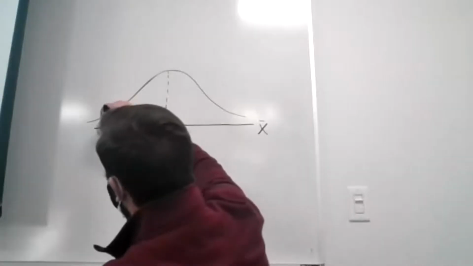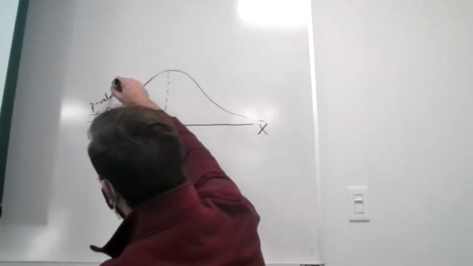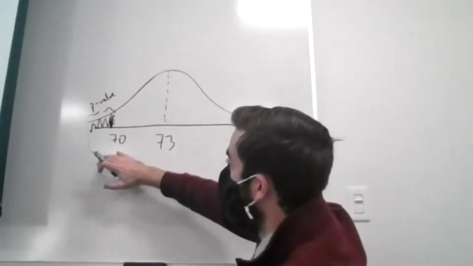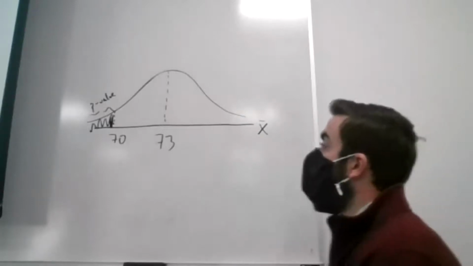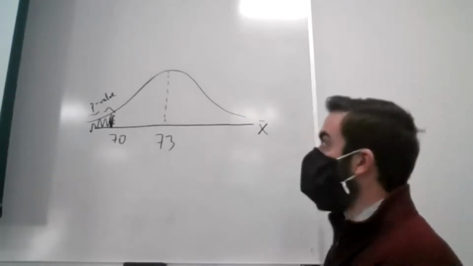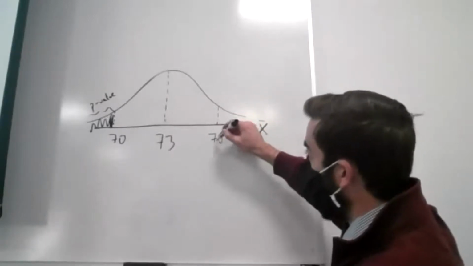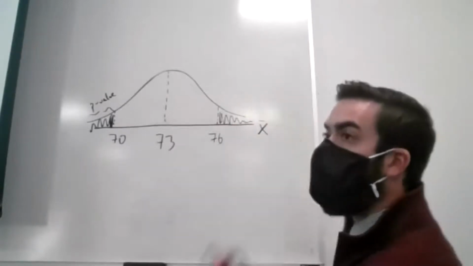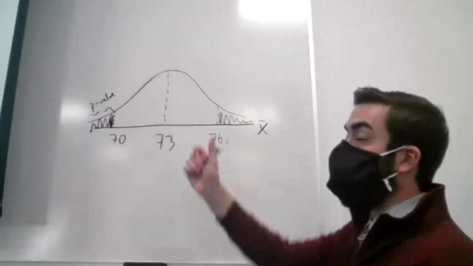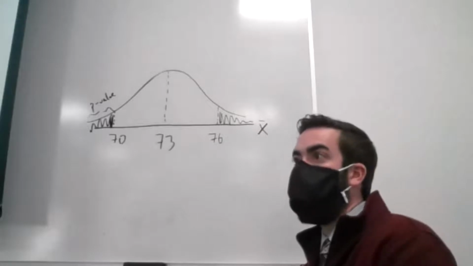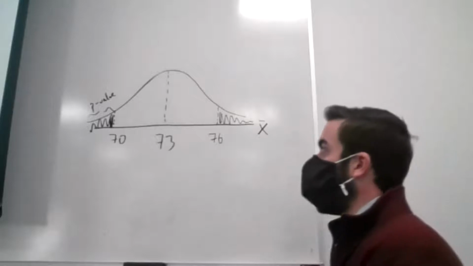But because it's a two-tailed test, seeing 70, it was equally as likely we would have seen 76 or anything above 76, and that evidence is equally damning against the null. Because we're assuming it's equal to 73, evidence on either side would go against the null.